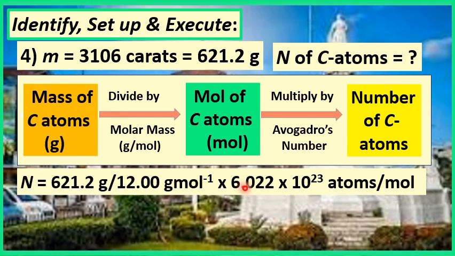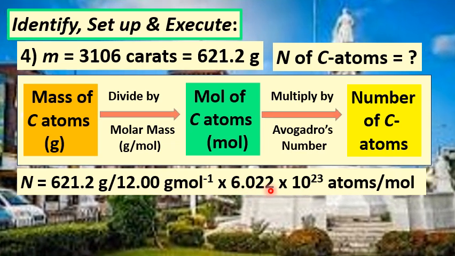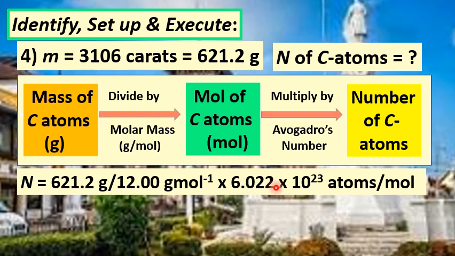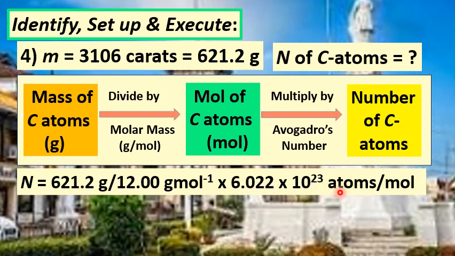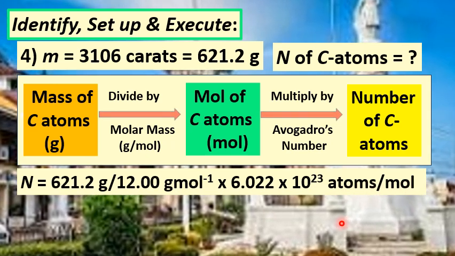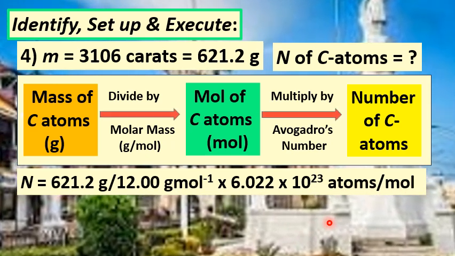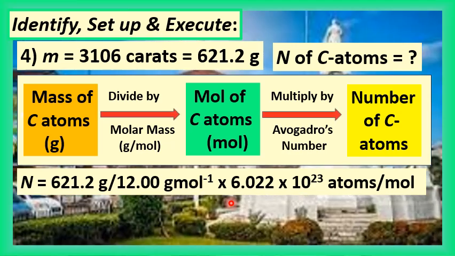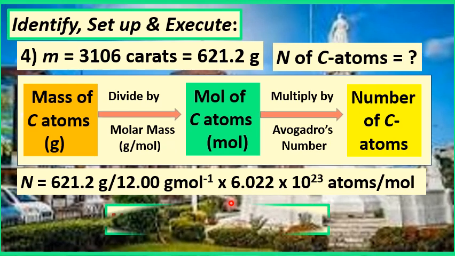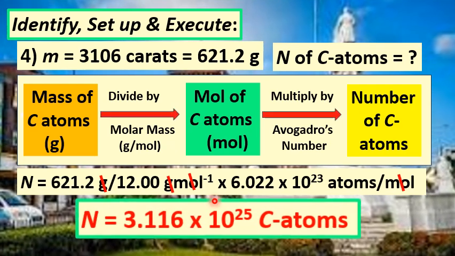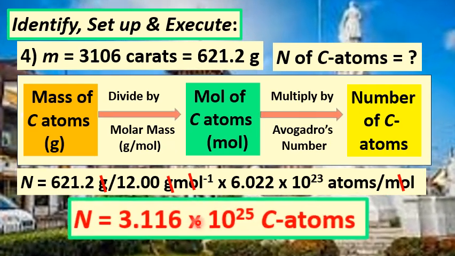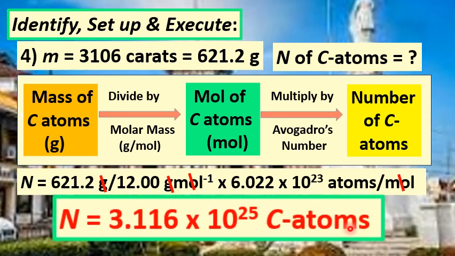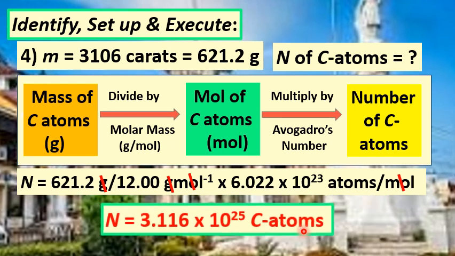We use the Avogadro's number with 4 significant figures, 6.022 times 10 to the 23rd power atoms per mole. So the unit mole also cancels out, and we are left with the number of carbon atoms equal to 3.116 times 10 to the 25th power carbon atoms.